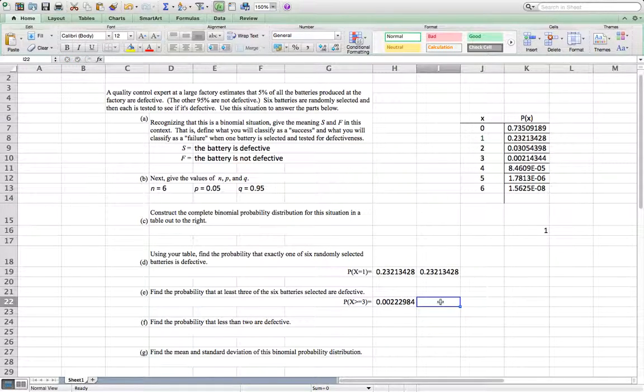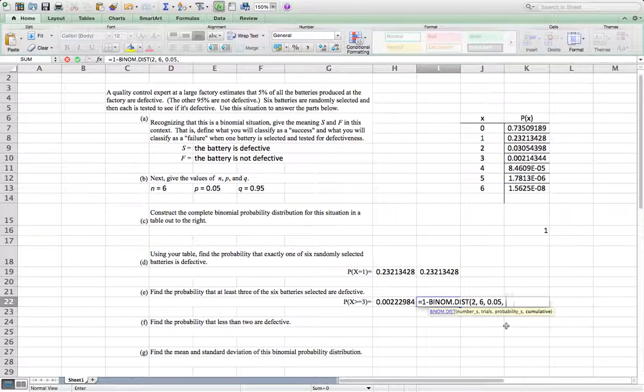I also can directly use the formula to calculate. This time I will first use 1 minus the binomial distribution. This time I let successes equal 2, trials still 6, probability of success 0.05, and I make cumulative true. What does this mean?